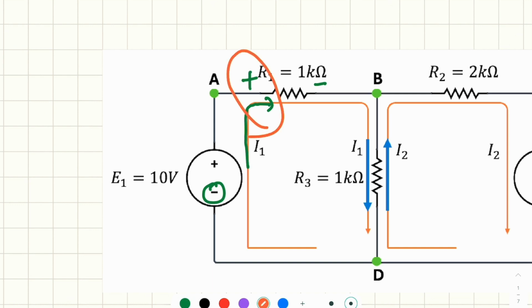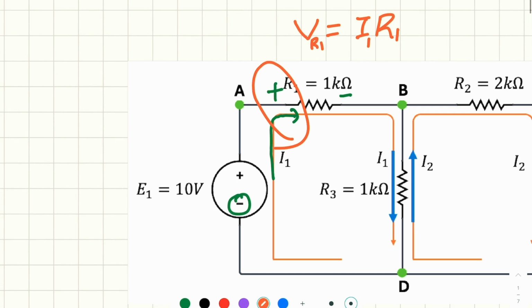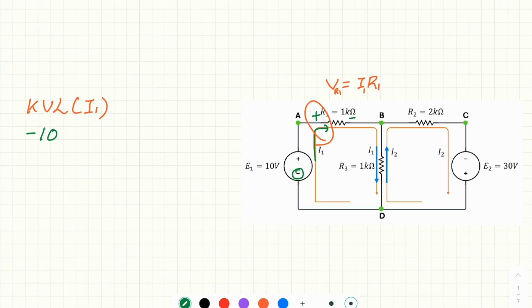So what is the voltage across R1? At this stage, we don't know. But we still remember V equals IR. So instead of writing the voltage across R1, we use the current passing through R1 multiplied by the resistance of R1. So here this becomes positive.